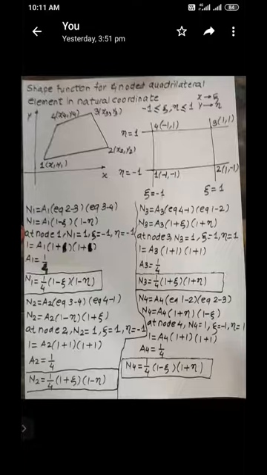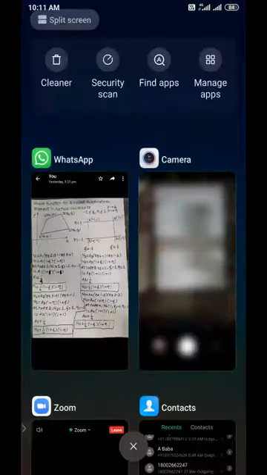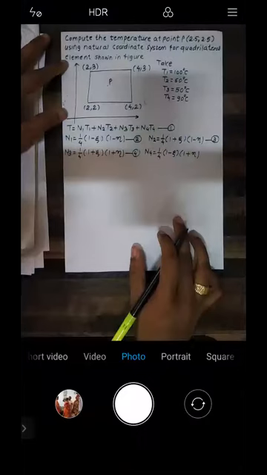So this is the third shape function, right? And N4 is given by 1 by 4, (1 minus zeta) and (1 plus neta), right? So this is the fourth shape function. I have just written those values here.